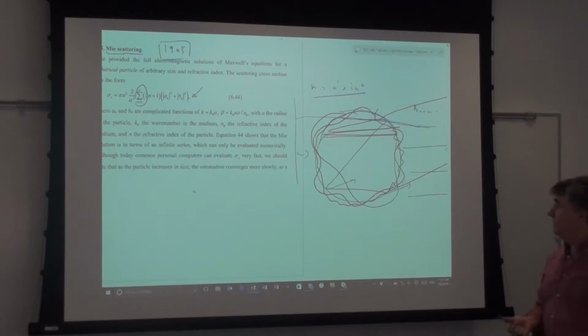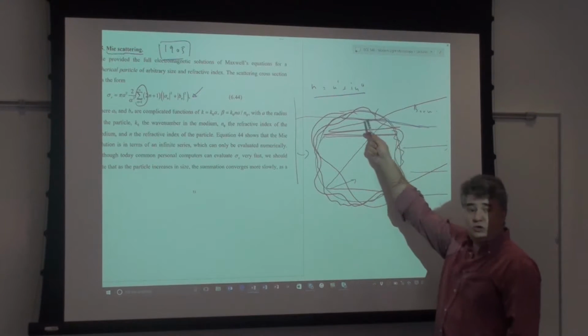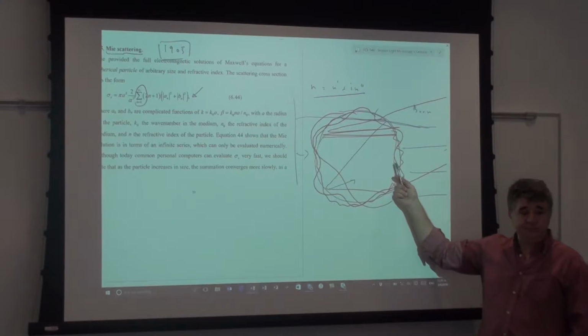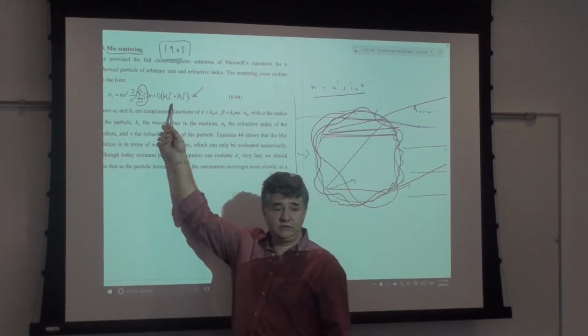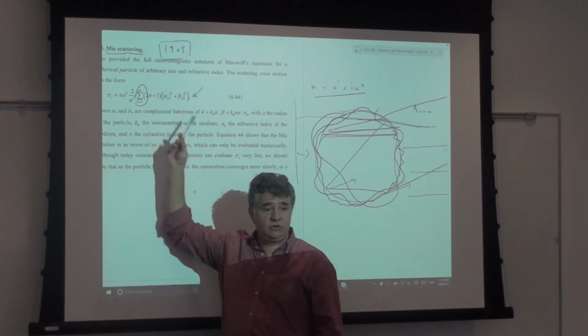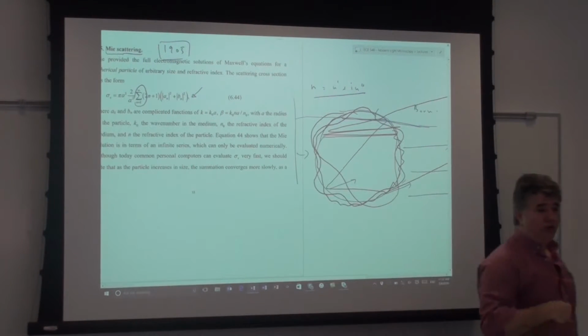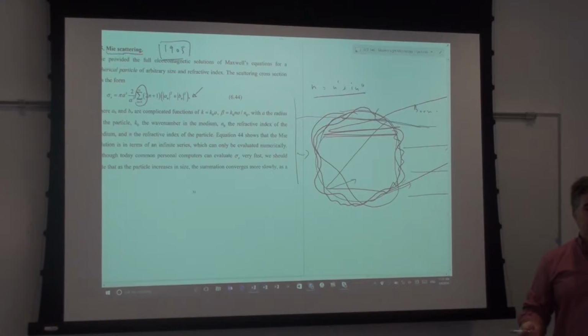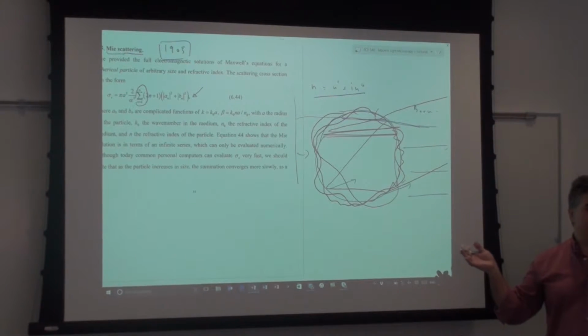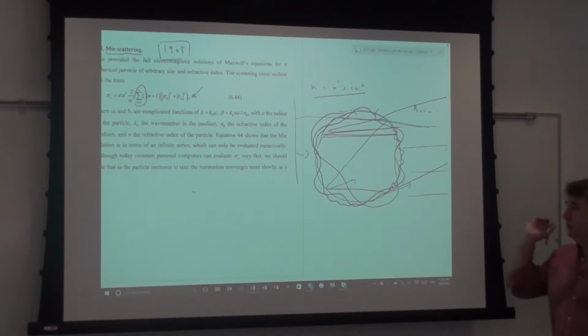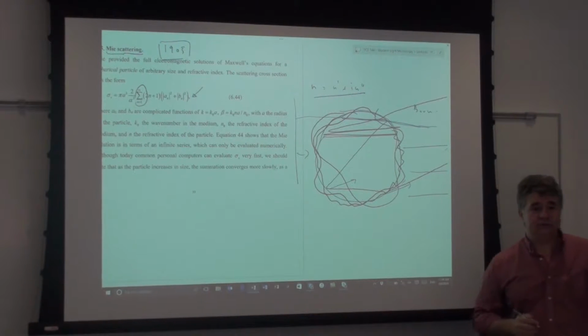The bigger the particle, the more modes you're going to have fitting into your sphere, which means the slower this series is going to converge. You're adding more and more terms. Back when I was doing my thesis, this was an issue because you had to wait long on a computer. Now there is no issue. You can make your particle as big as you want, and you'll get the answer pretty much instantaneously.